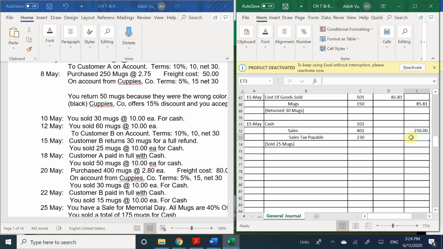And then my sales tax is going to be $21.30. No, I got $20.63. Let me do that again.